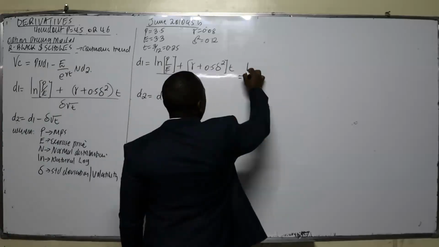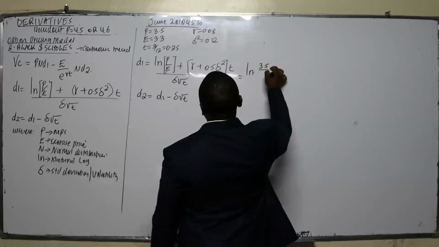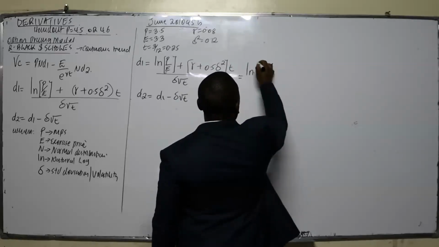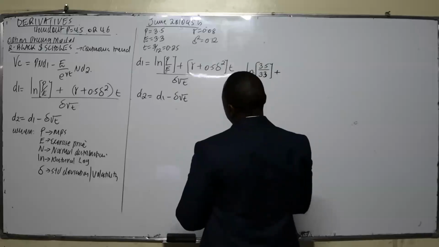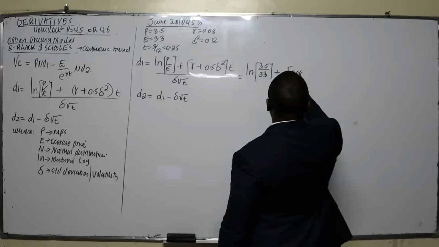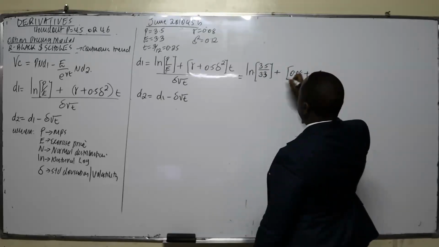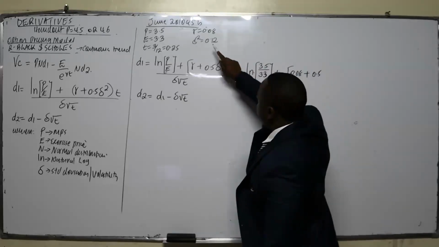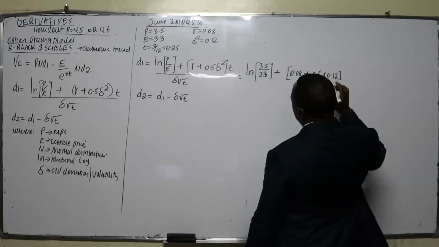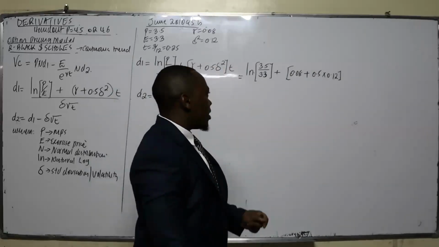You take natural log of P over E, where P is 3.5 and exercise is 3.3, then you add the risk-free rate, which is 8, so it's 0.08, then you add half standard deviation squared. We already have the variance, it's 0.12, so don't square it again, because we are already given the variance, so it has already been squared.